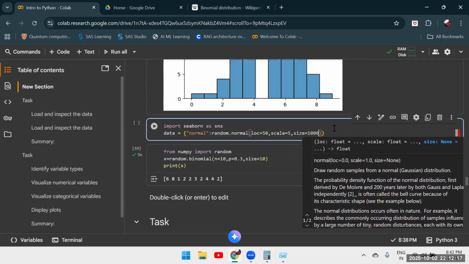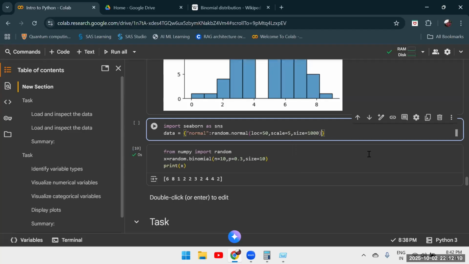I'm going to mention a size here, which is basically 1000 numbers. Why am I doing this? I'm going to find out the difference between a normal distribution and a binomial distribution. I didn't take Poisson yet, so I'll remove Poisson for you.